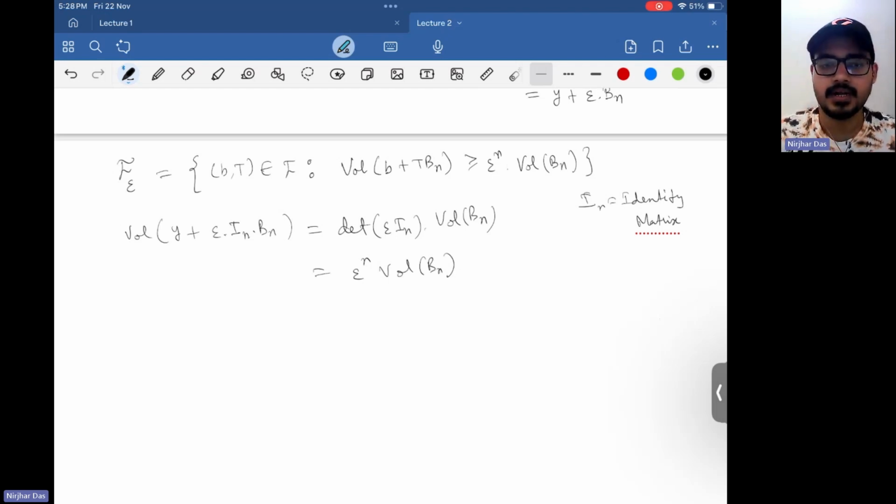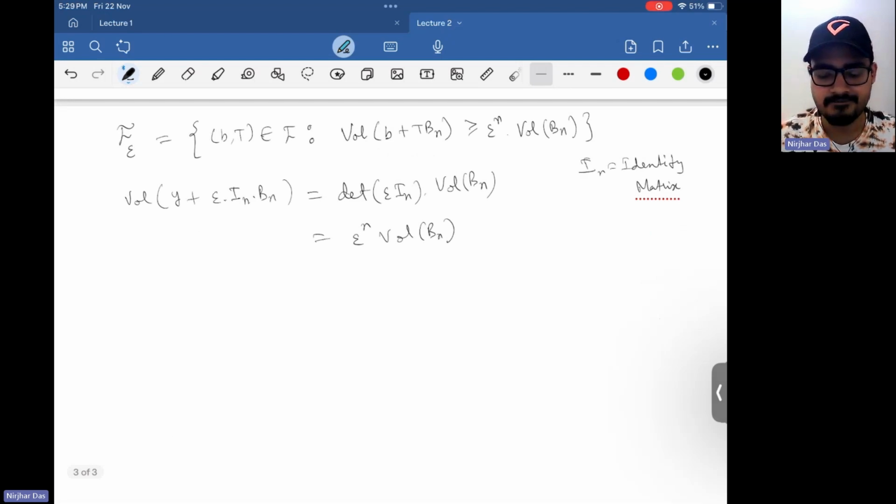The problem we were running into was, if all the eigenvalues tend to 0, then how do you say that it's still a compact set? Because that limit point, which is not a positive definite matrix anymore, is in this set. So we have bypassed that problem by splitting the set F into two parts, F epsilon and the rest. The rest contains all ellipsoids of volume smaller than epsilon to the power n times volume of Bn, and F epsilon contains all ellipsoids of volume at least epsilon to the power n times volume of Bn.